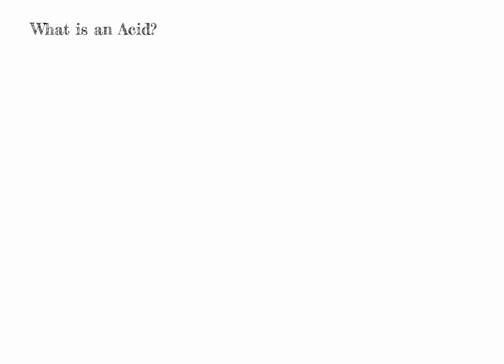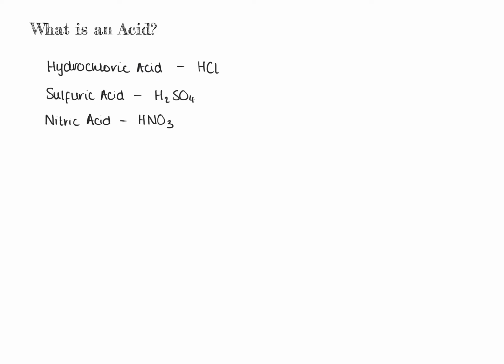Okay, so to start us off, what actually is an acid? It's a word lots of people have heard of, but might not actually know what it is. So to begin with, I'm going to give you 3 acids and their chemical formulae. The 3 most common acids that you will come across are hydrochloric acid, HCl, sulfuric acid, H2SO4, and nitric acid, HNO3.